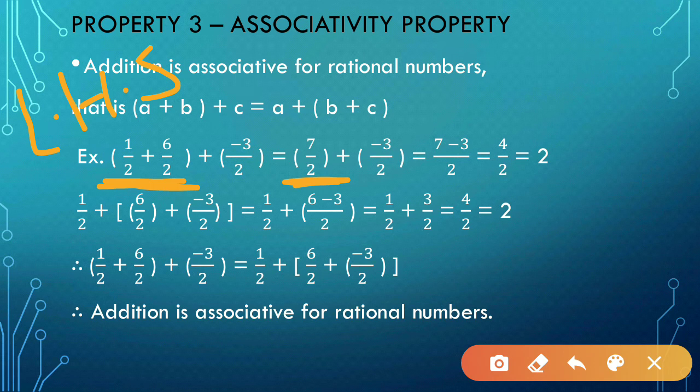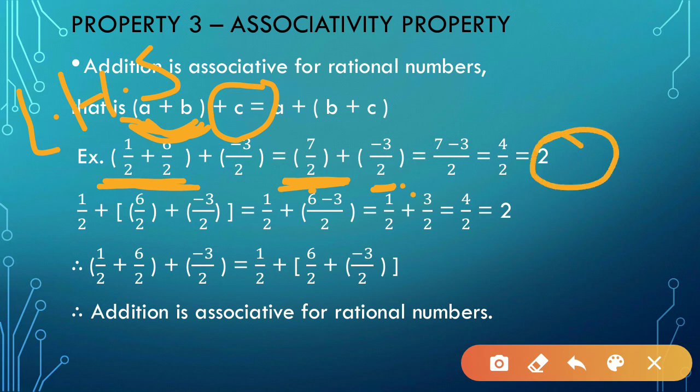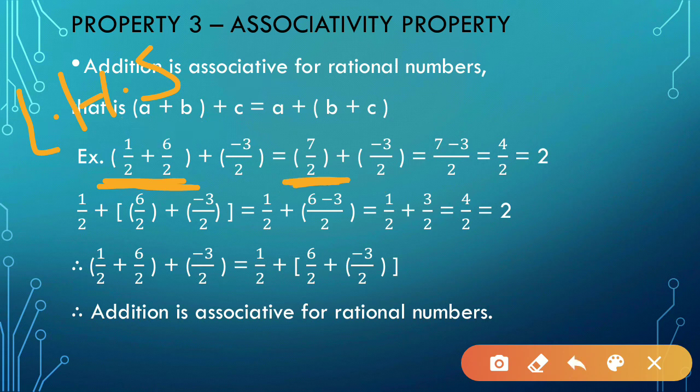You have already added a plus b, so now your result is 7 by 2. To this result you add c, which is minus 3 by 2. If you simplify this, you get 2. Now solve the RHS, and if in the RHS you also get 2, that means both are the same and addition is associative for rational numbers.